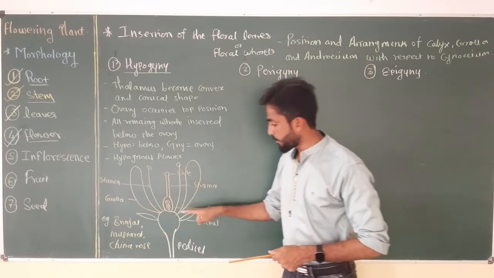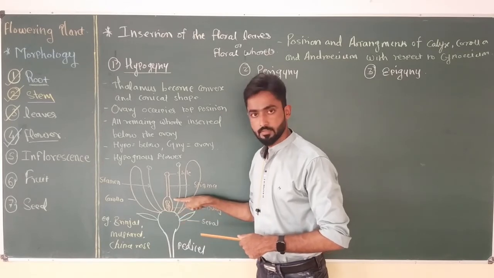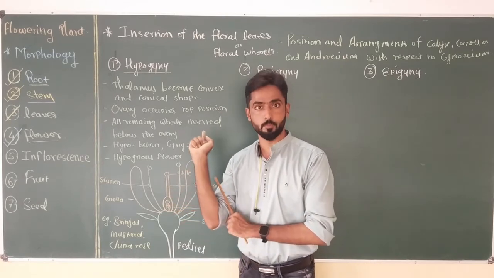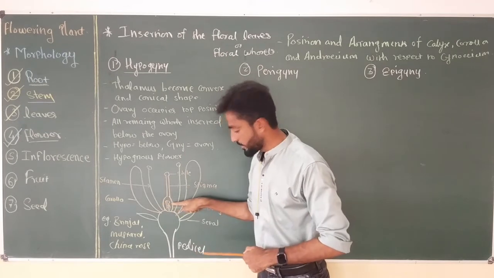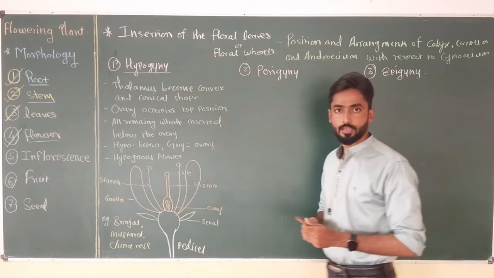Remember that in this type of flower, ovary is always present above the thalamus. That means ovary occupies superior position. Okay, so ovary is superior in position. So this is all about the hypogyny.